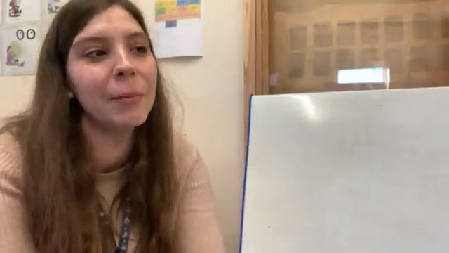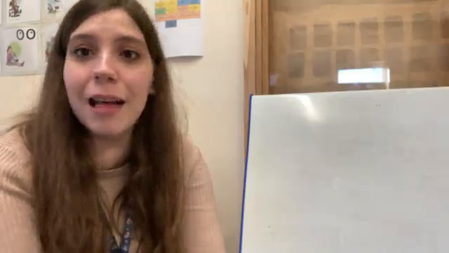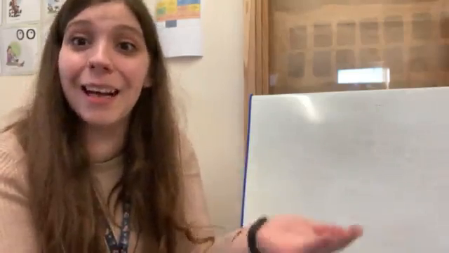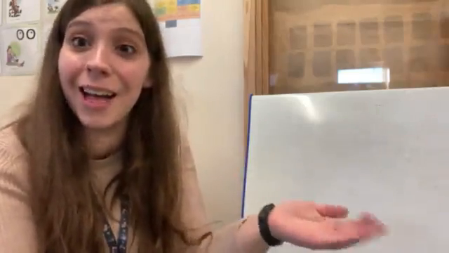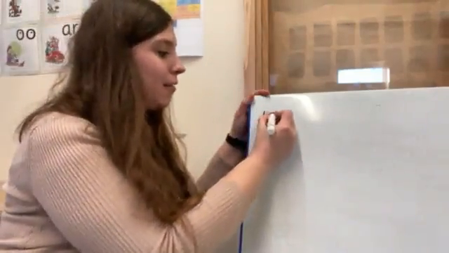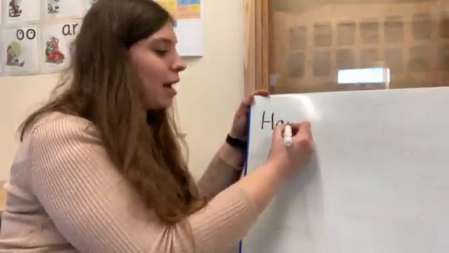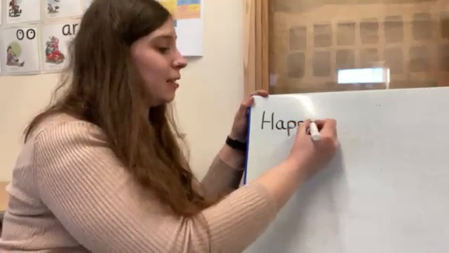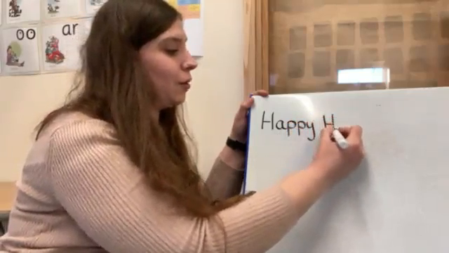Okay, so let me have a think. Happy Hush. Happy Hush. So look, if I write Happy Hush's favourite book, I have used alliteration to come up with that title for the story.